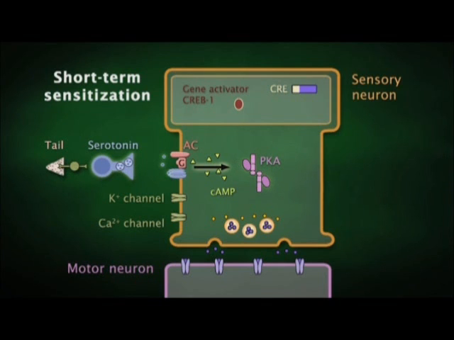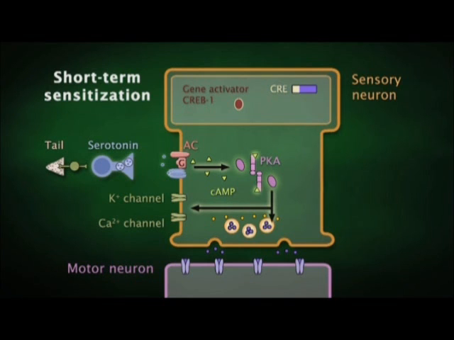The regulatory subunit inhibits the catalytic subunit under normal circumstances. When the level of cyclic AMP rises, the regulatory subunit binds cyclic AMP, undergoes a conformational change, frees the catalytic subunit. It now can move into the presynaptic terminal.